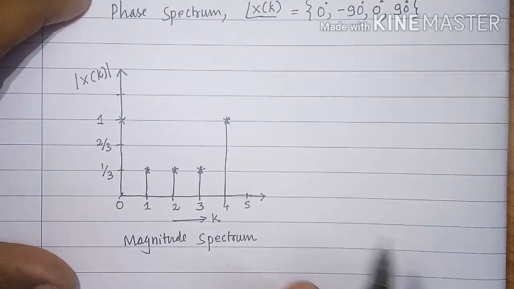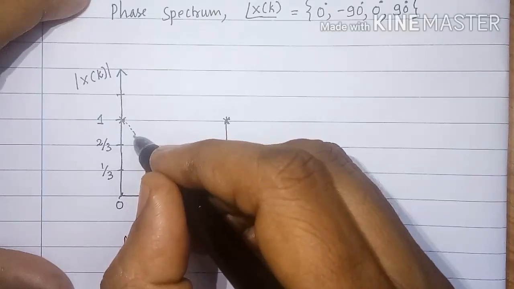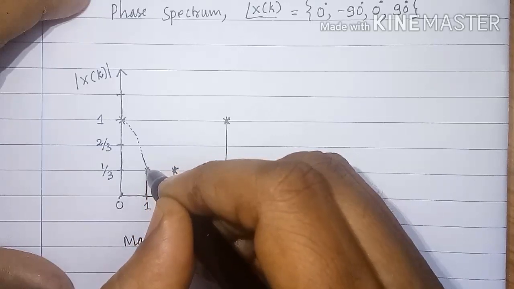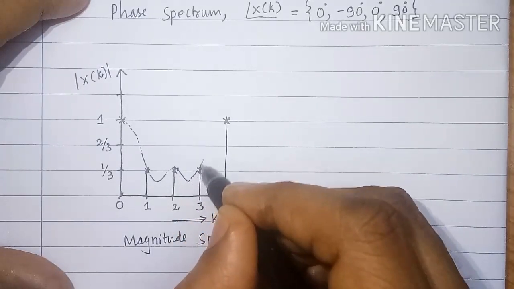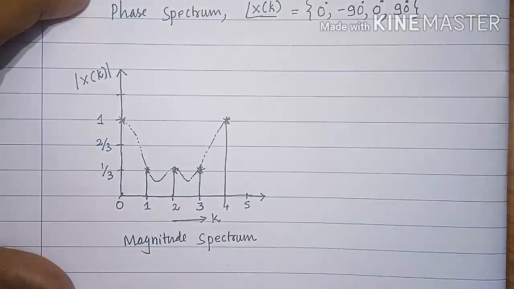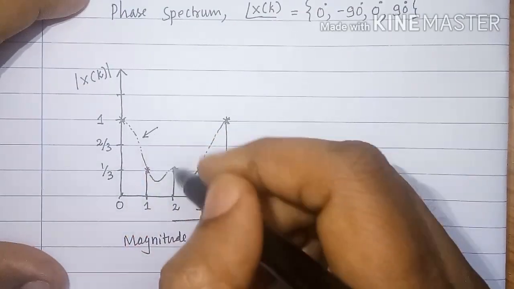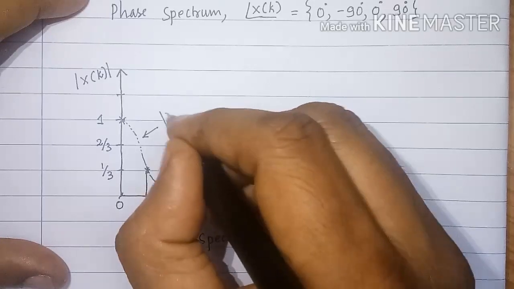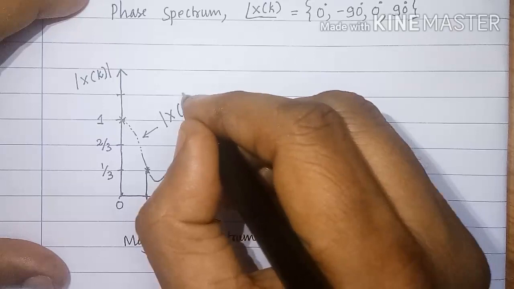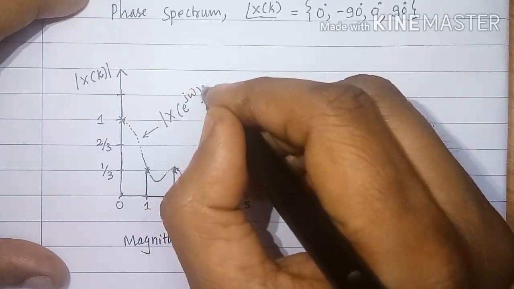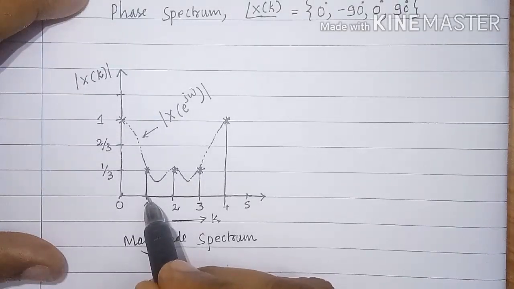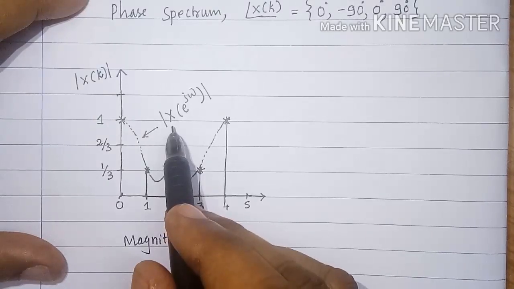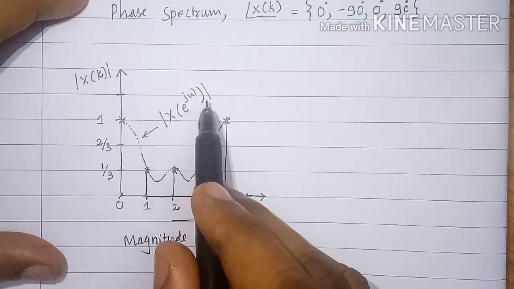Now if we join all these points, we get a curve here which is continuous, and this is nothing but magnitude of x of e raised to j omega, which means DFT is sampled version of the discrete time Fourier transform.